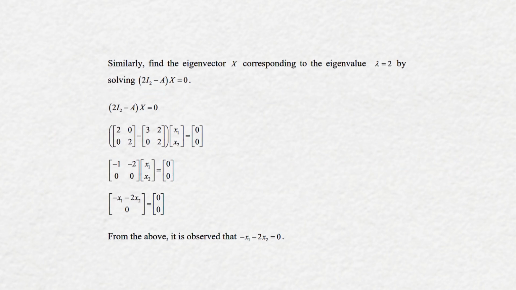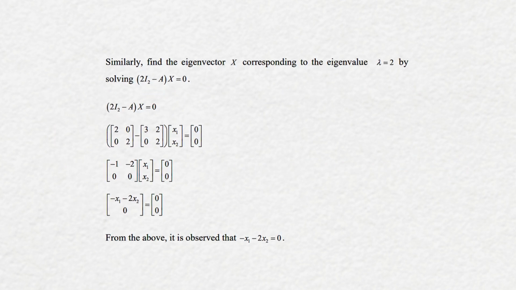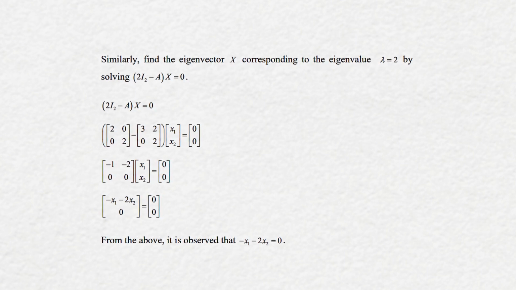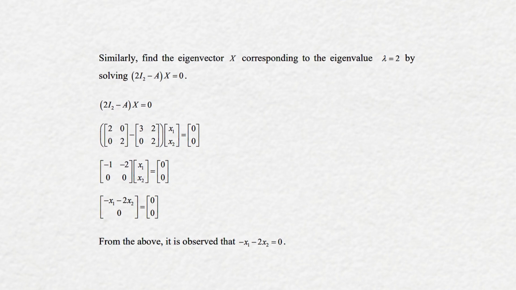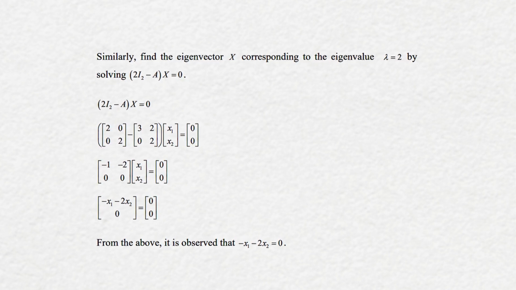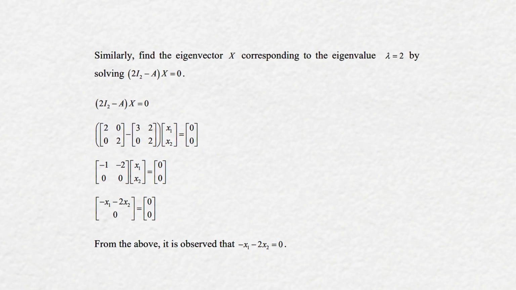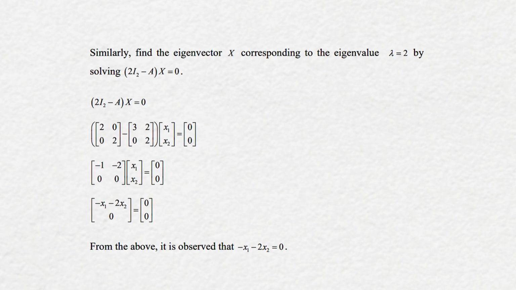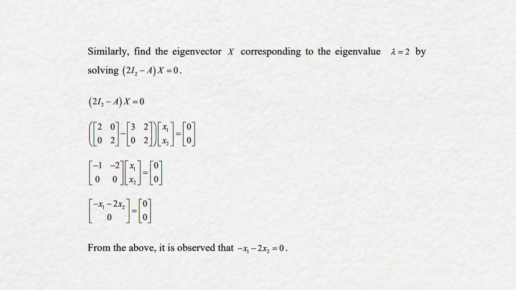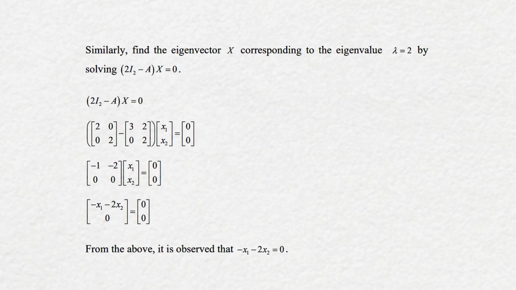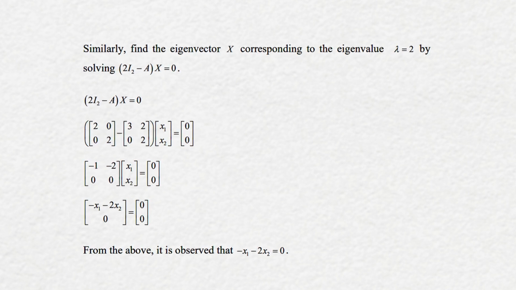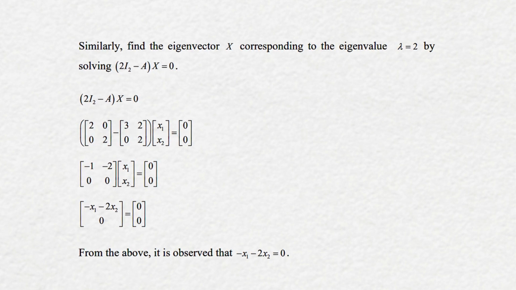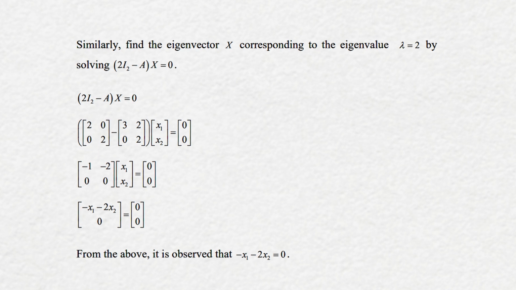Similarly, we find the eigenvector x corresponding to the eigenvalue lambda equal to 2 by solving 2I2 minus A into x equal to 0. Here lambda equal to 2. Therefore, 2I2 minus A into x equal to 0 implies 2, 0, 0, 2 minus 3, 2, 0, 2 into x1, x2 equal to 0, 0. Again with the same operations, we get minus 1, minus 2, 0, 0 times x1, x2 equal to 0, 0.